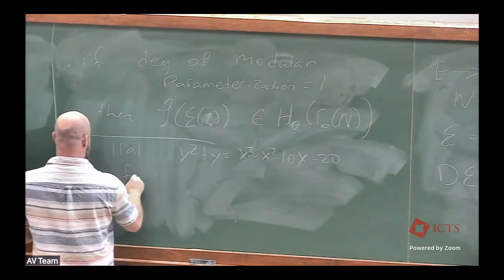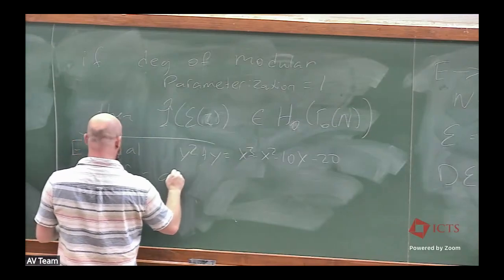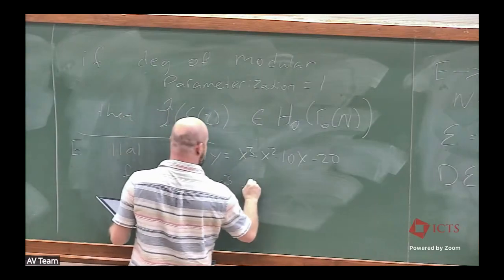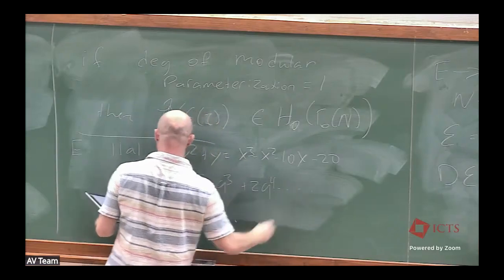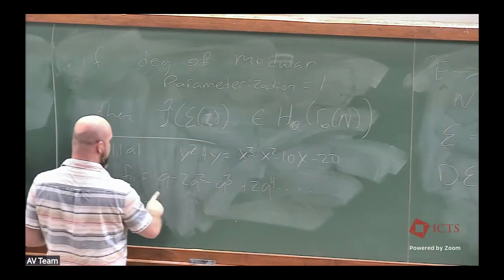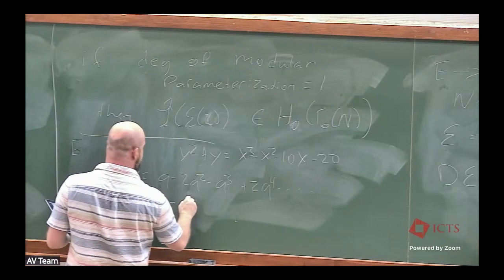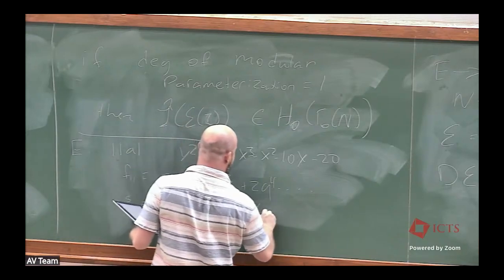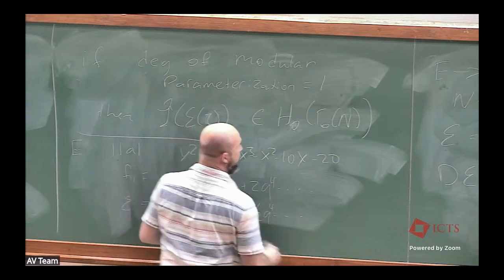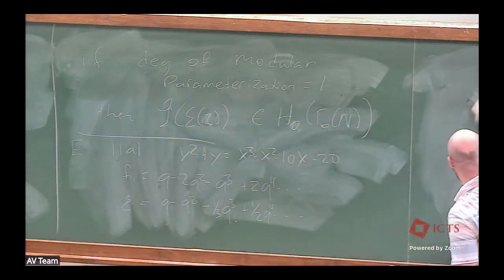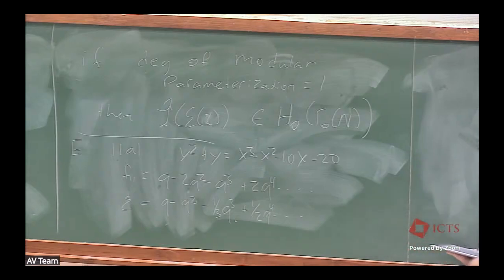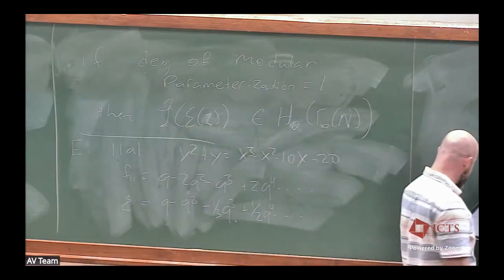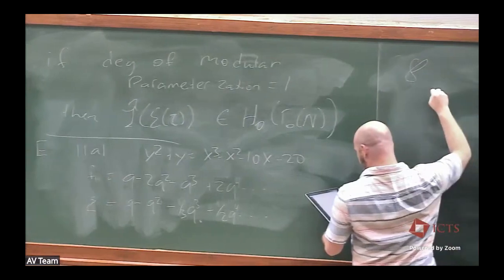The cusp form that comes out of this, the F11 here, is equal to q minus 2q squared minus q cubed plus 2q to the fourth, etc. So that means the Eichler integral, we're just going to integrate each of these coefficients. This will be q minus q squared minus 1/3 q cubed plus 1/2 q to the fourth, etc. This is an elliptic curve with rational equation, and so that means the coefficients of the P function are all rational numbers.